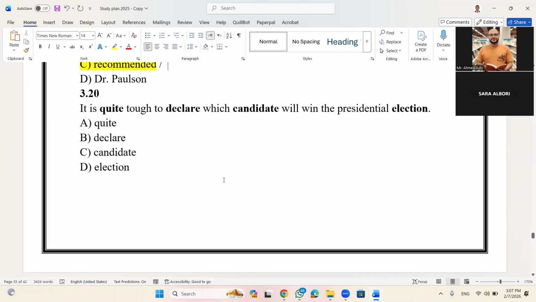20. It is quite tough to declare which candidate would win the presidential election. Yeah, it is quite tough to declare which candidate will win the presidential election.